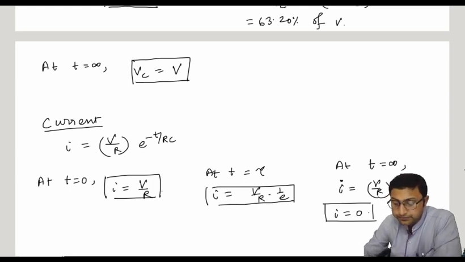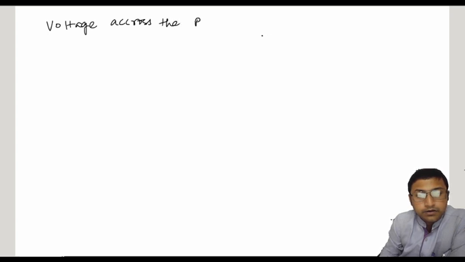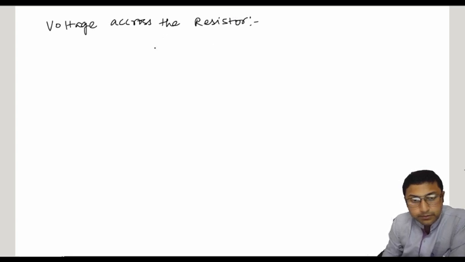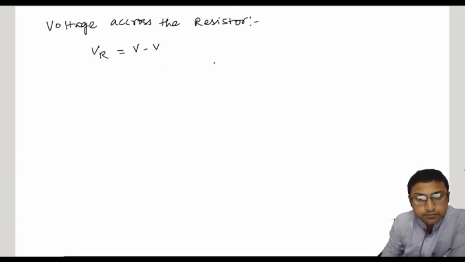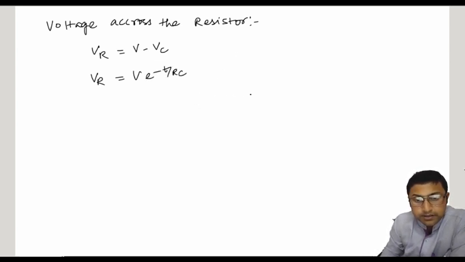Okay, so now the last thing is the voltage across the resistor. So what will be the voltage? VR equal to V minus Vc, and after putting the value of Vc, it will be V e to the power minus t by RC.